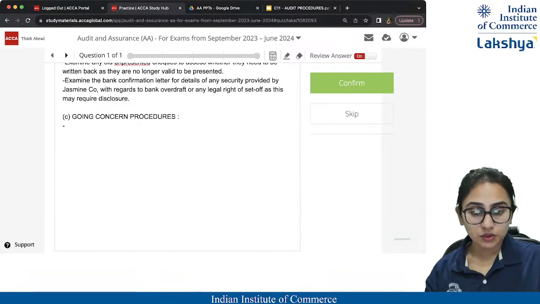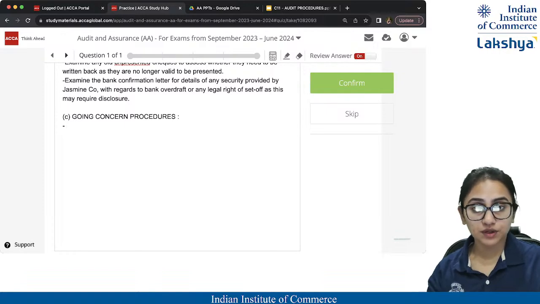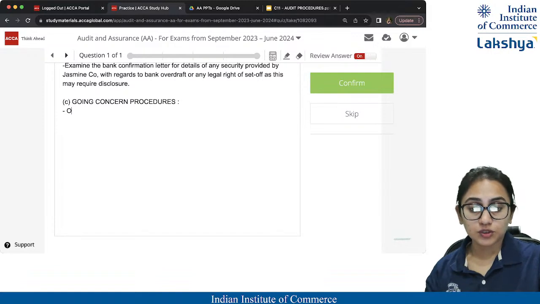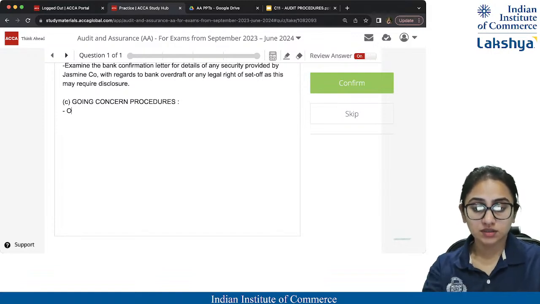So the first one, what you will do in terms to determine if the company is a going concern or not, you will talk about the cash flows first.